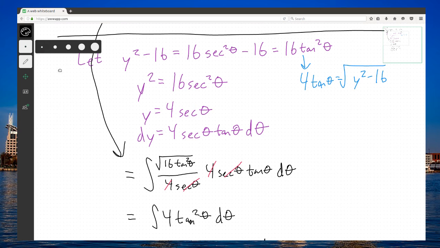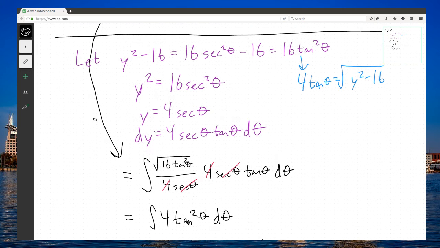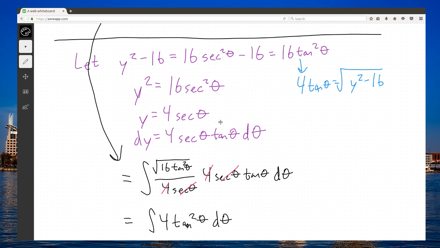So let's solve that. That'll get me that theta. I divide both sides by 4 and then take the inverse secant. Inverse secant of y over 4.